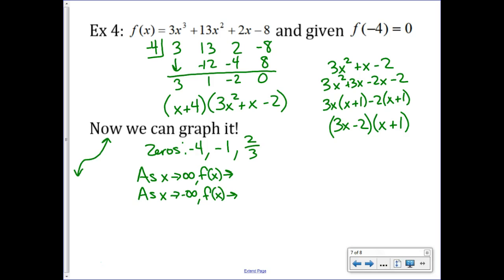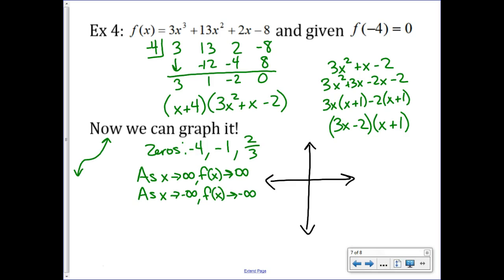As x goes all the way to the right, f of x is going all the way up, so it's going to positive infinity. As x goes all the way to the left, f of x is going all the way down, so negative infinity. Now if I go to graph this, I don't know exactly how high or low it goes on the graph yet. Those are things we'll get to do later on.